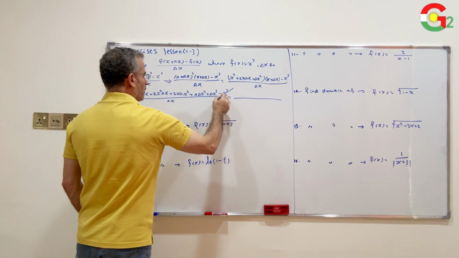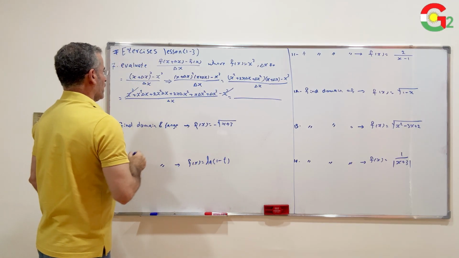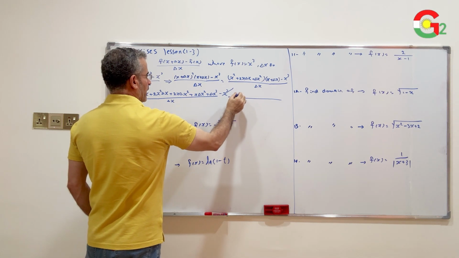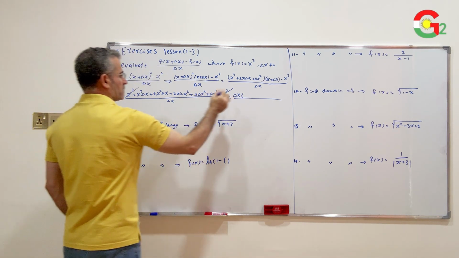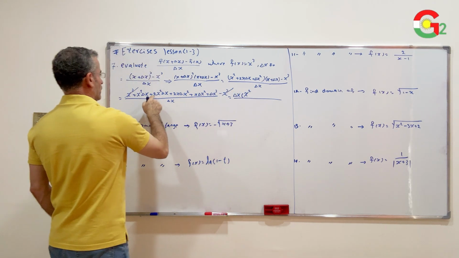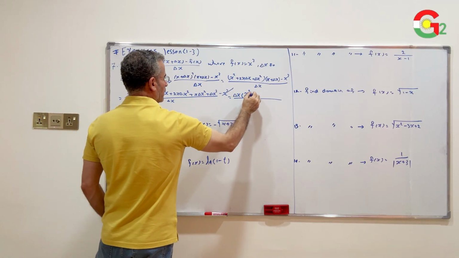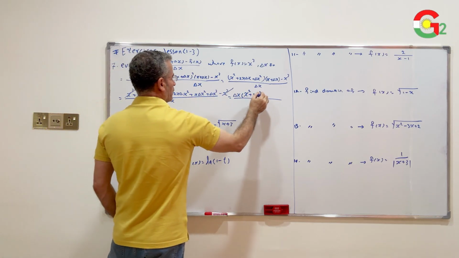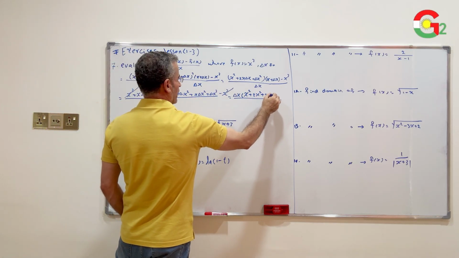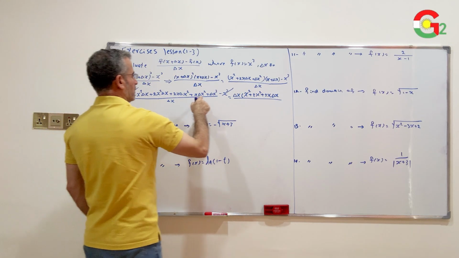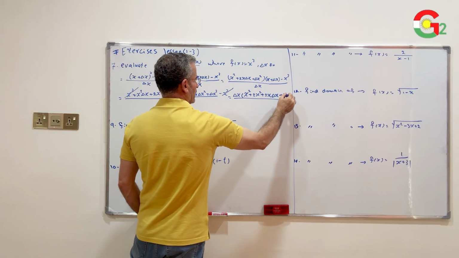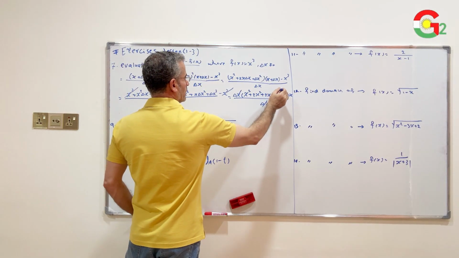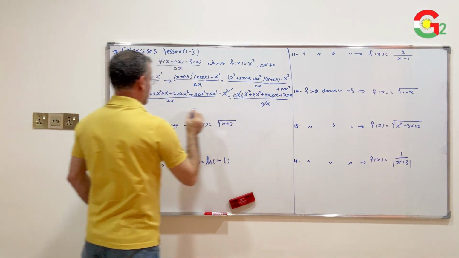x cubed with x cubed cancel. Factorize by delta x: x squared plus 2x squared plus 2x delta x plus x delta x plus delta x squared.